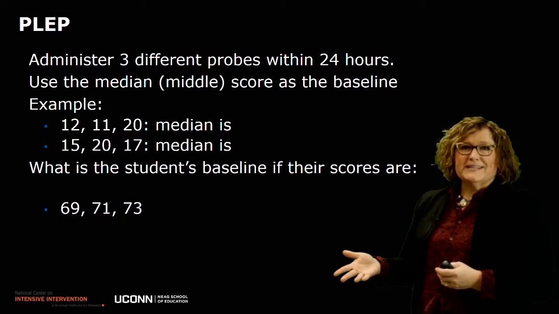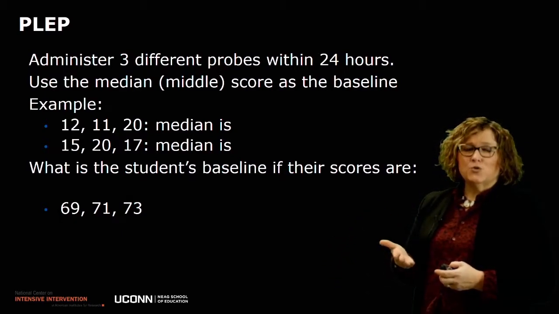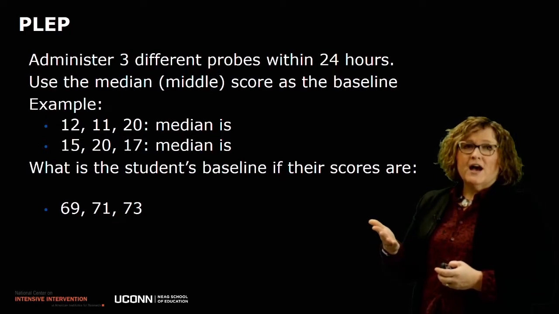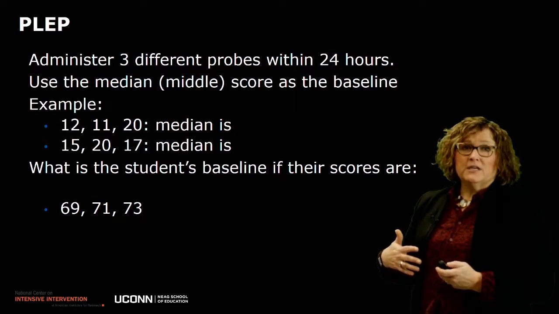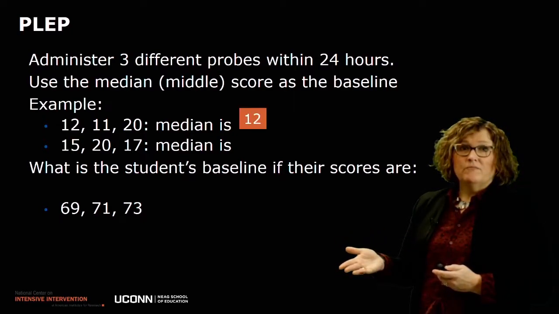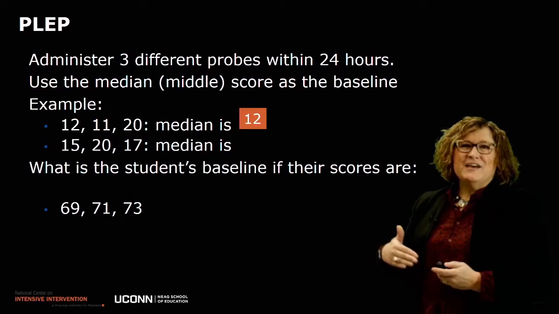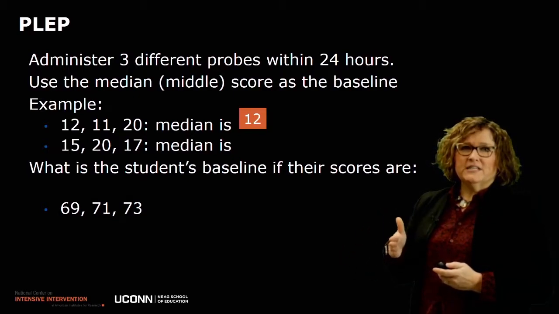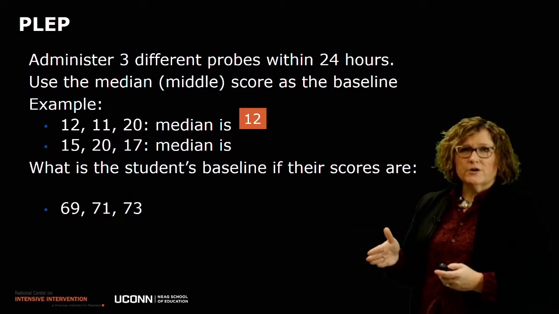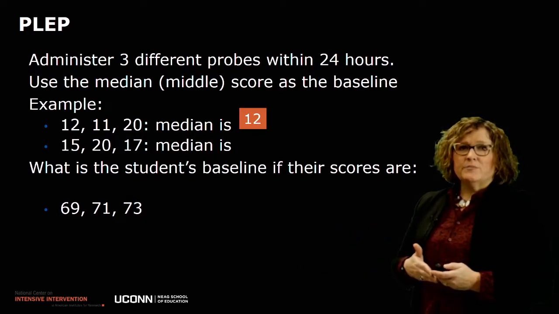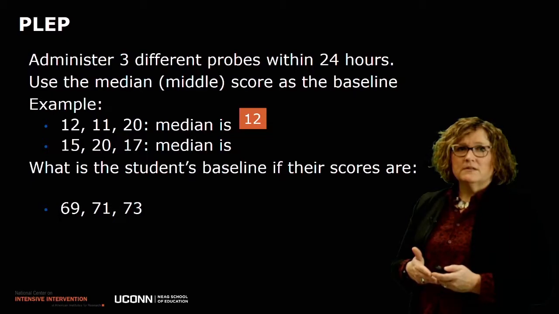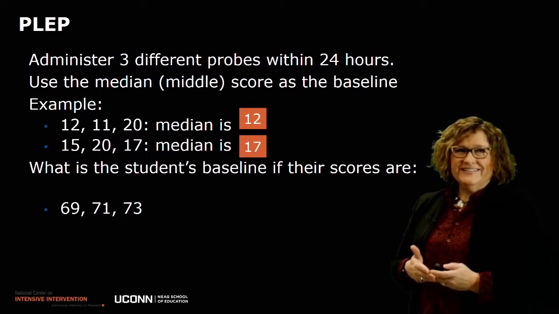So for instance, if we had 12, 11, and 20 as our scores for the 3 different probes, our median would be 12. Good. If we have 15, 20, 17, okay, so you put those in order, rank order those from least to greatest, and our median is 17, okay?